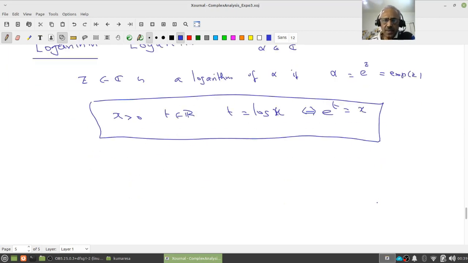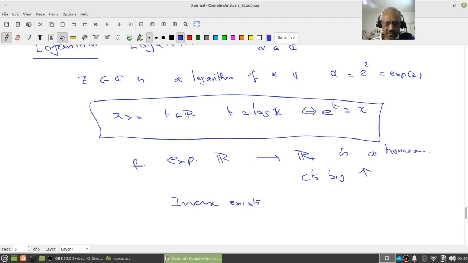And what happens in R? The exponential function from R to R plus, the positive reals, is a homeomorphism. It is a continuous bijection, and it's increasing. Therefore, its inverse exists.